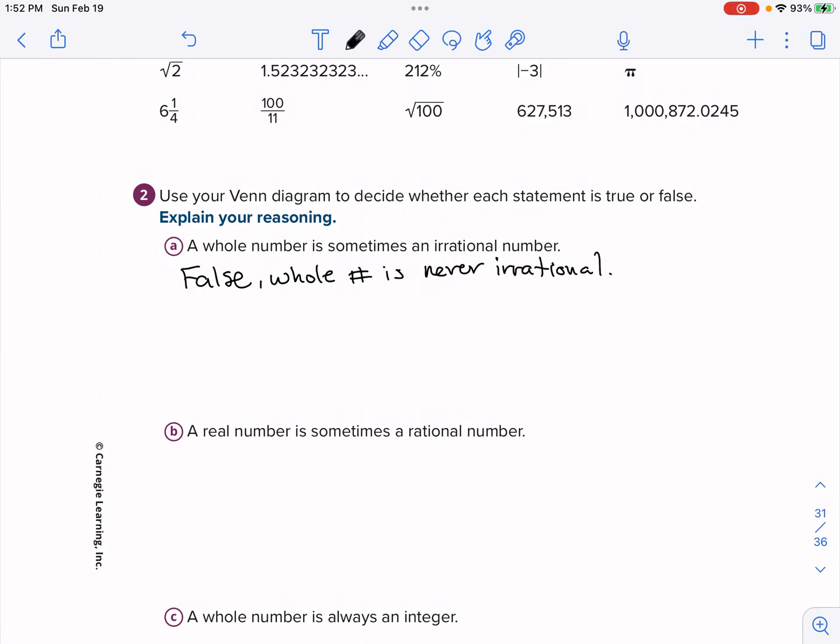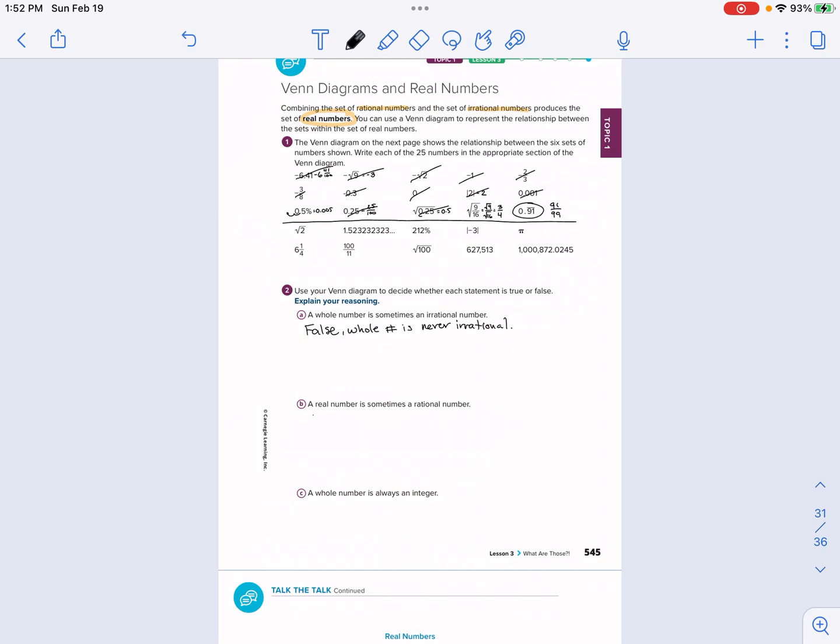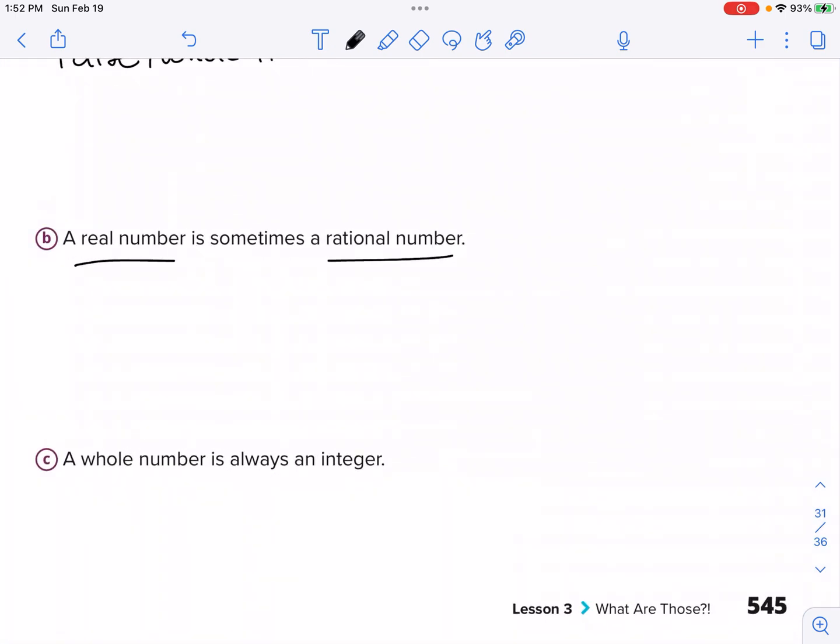Okay. B, a real number is sometimes a rational number. Now, keep in mind a real number here and irrational. You're not going to learn this until you get to high school, but there's the real number system, which is what we typically use from day to day. There are things that we will say are not real numbers. We're not using the context of real being the opposite of fake.